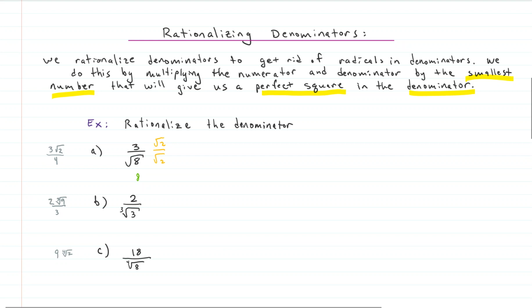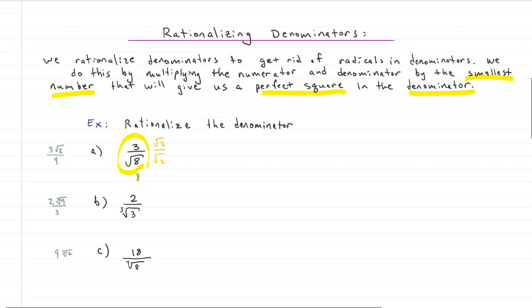Well, the reason is we don't want to change the value of our expression. If we plugged 3 over root 8 into our calculator, we'd get a number, and we don't want to change that number. We just want to get rid of the radical on the bottom. So we want to rewrite it into an equivalent form that doesn't have a radical on the bottom.